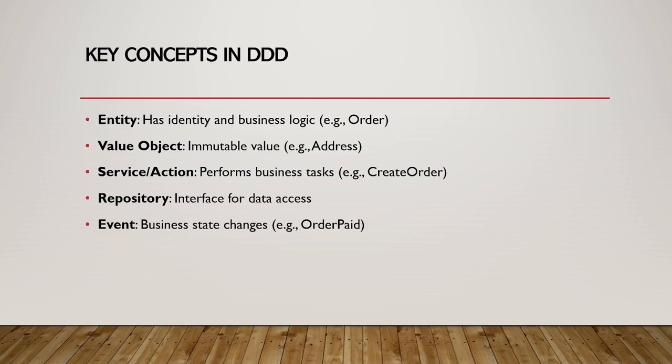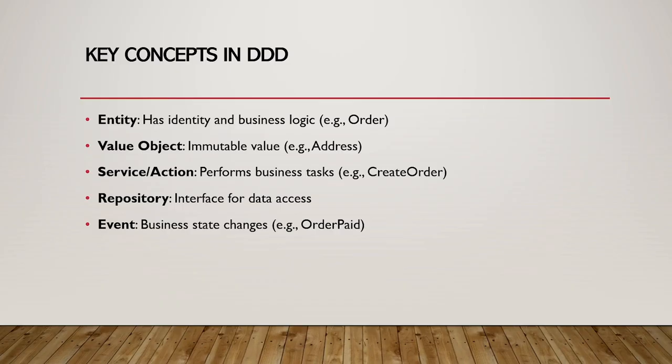Second is value object. They are immutable and represent simple values like an address. They don't have an identity and are compared by value. Third, service or action. This performs domain-specific tasks like create order. They handle logic that does not naturally fit in an entity.